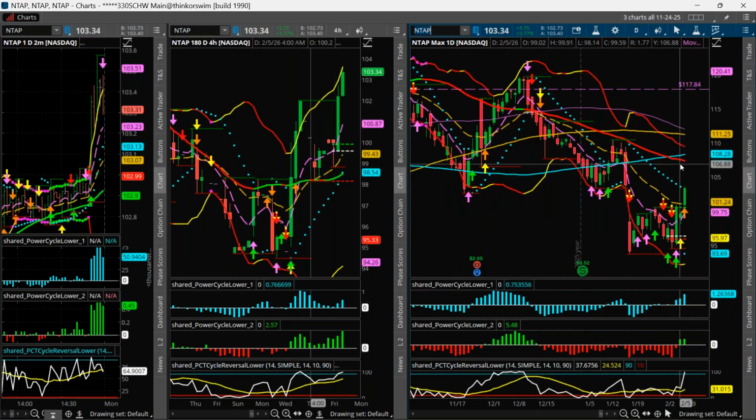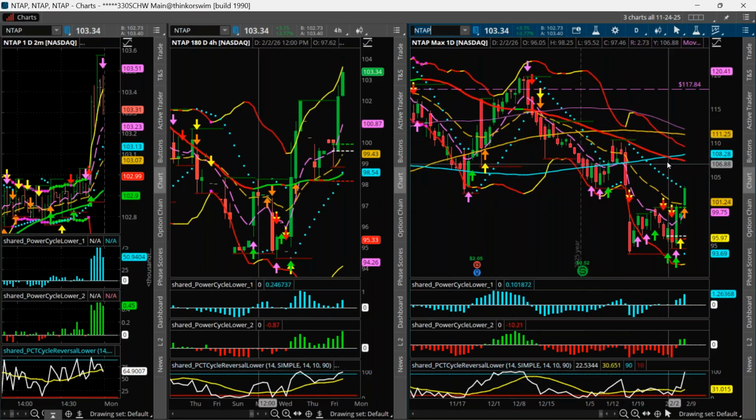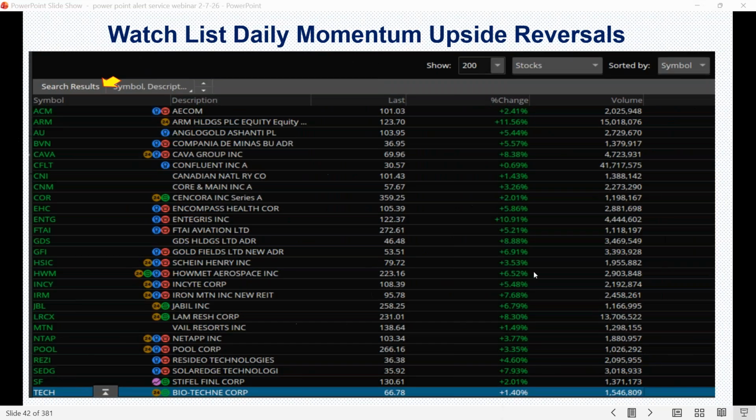What I really like is if this was a breakout with no moving averages above it, then that's going to set up for a long-term trend. But this will probably be capped based on those moving averages. That's the problem right now that I see with NetApp and some of these others. So that's a look there, and this is the process for finding these trades.